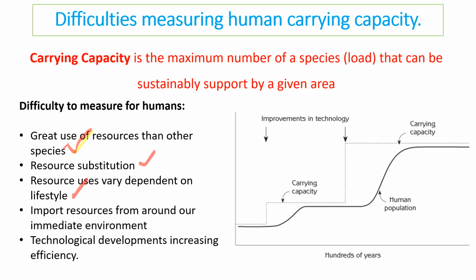For example, if you've eaten rice and you're sat in the UK, you haven't grown that rice in the UK, so it's difficult to look at the immediate environment's carrying capacity unless you look at it from a whole global perspective. And technological increases can increase efficiency. The carrying capacity could be at a certain level, then we have improvements in technology which can increase the carrying capacity to another level.